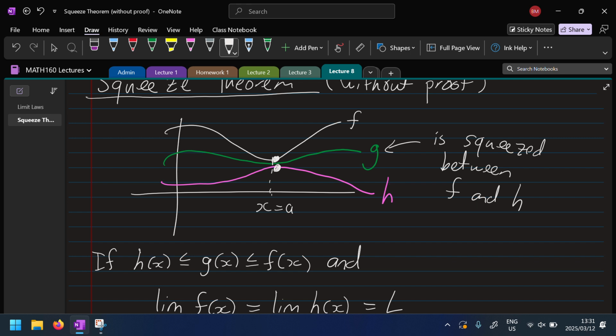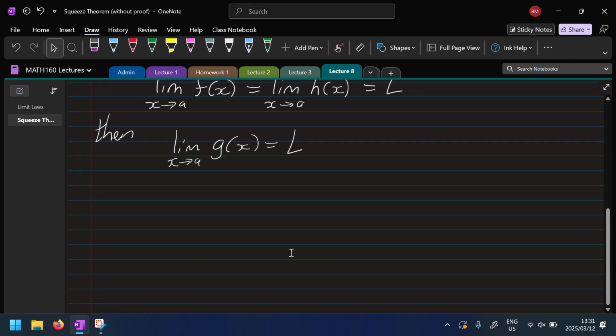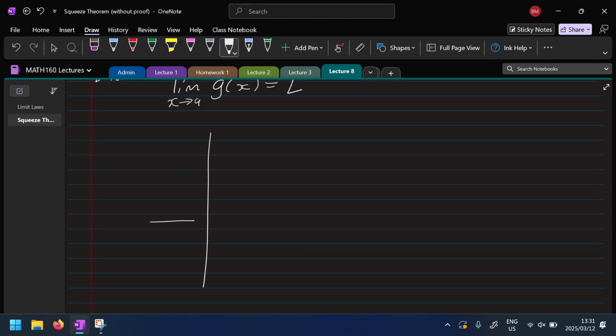Does that make sense? Okay, so let's draw a little picture here. We've got three functions like that. There's a y value here, a y value there, and a y value there. Let's call it 1, 2, and 3.